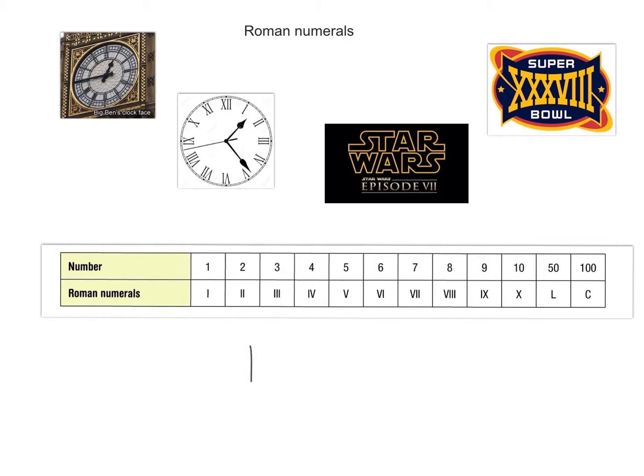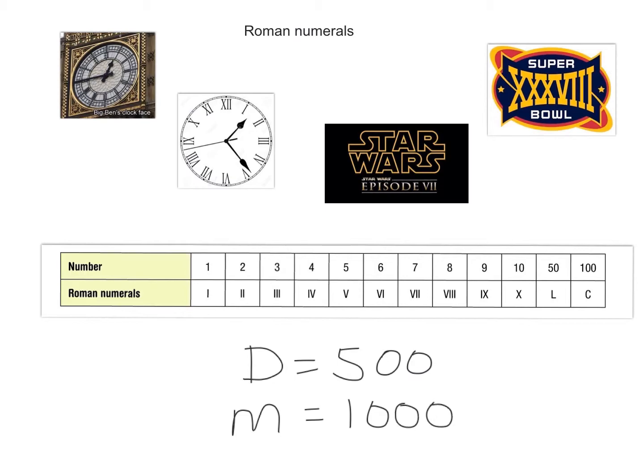D equals 500, and also we have M, which equals 1000. So these are all the Roman numerals that you'll be needing when we do a little bit of work shortly.